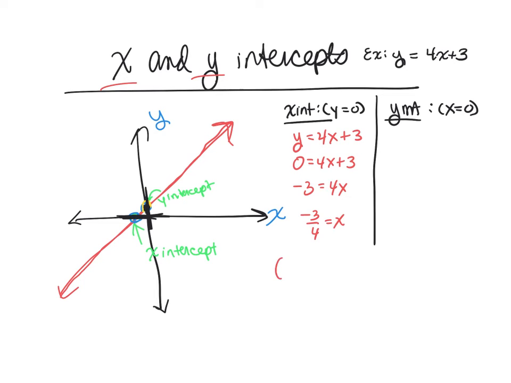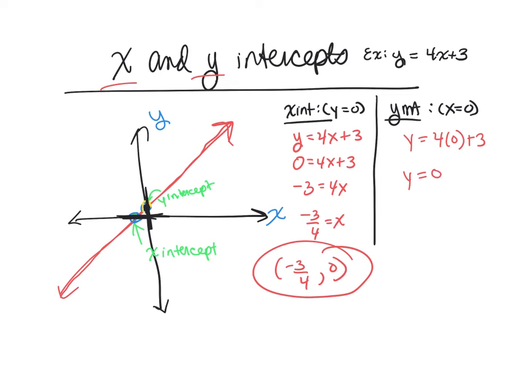And that's going to be your x-intercept right here. Similarly, we let our x value go to 0 for our y-intercept. So it'll be 0, 3 for your y-intercept.